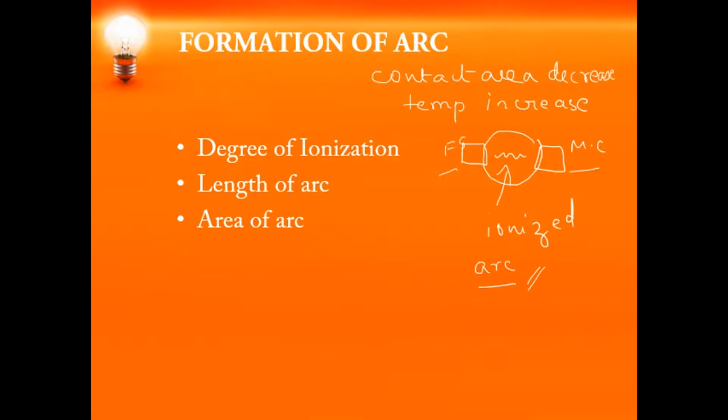During the arcing period, the current which is flowing between the contacts depends upon the arc resistance. The greater the arc resistance, the smaller the current will be flowing. That is what we have already discussed. If we want to quench the arc, either we have to make the current zero or we have to increase the resistance.